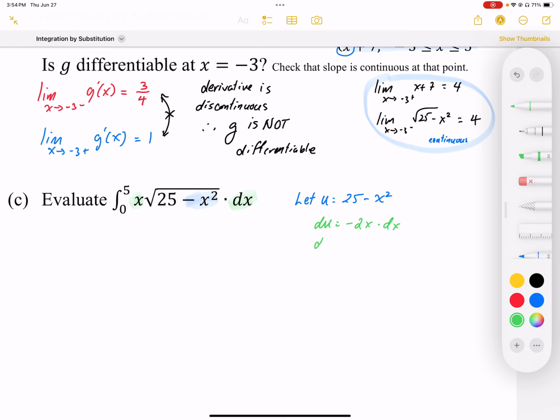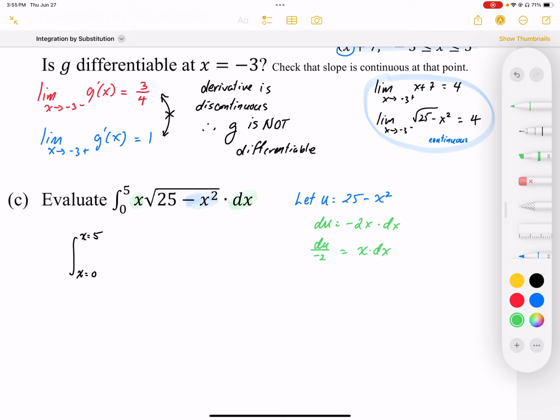Okay, so we only want the x dx, so we're just going to move that negative 2 to the other side. And we can replace the x dx with the du divided by 2. So when we rewrite this integral, we have to be careful because we're going to now change this to u. So we're going to say x is equal to 0, x is equal to 5.